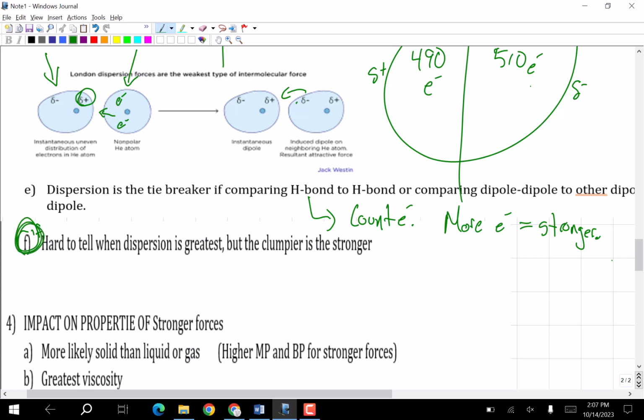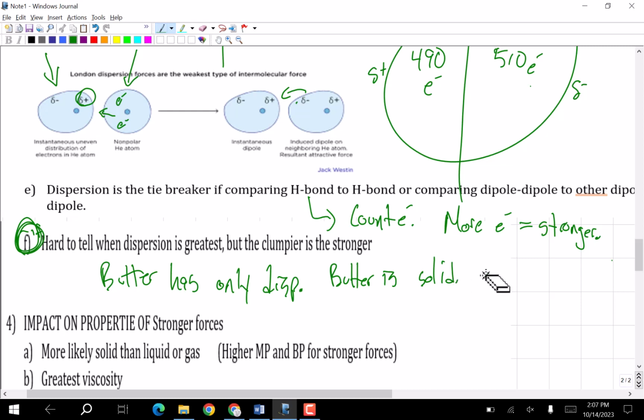Sometimes it's hard to tell when dispersion is greater than dipole or dipole-dipole. So, for example, butter has only dispersion. Butter is a solid. H2O has hydrogen bonds, but it's a liquid.